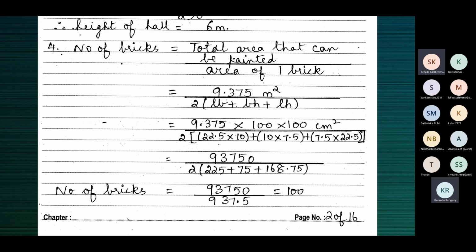The denominator you have not calculated at all; directly you've written it. So how did you get 937.5? No, there is no alternative to this, Shreyas. You have to answer this question. How did you directly write 937.5 in the denominator? It's all the same. I don't think you have a doubt there.